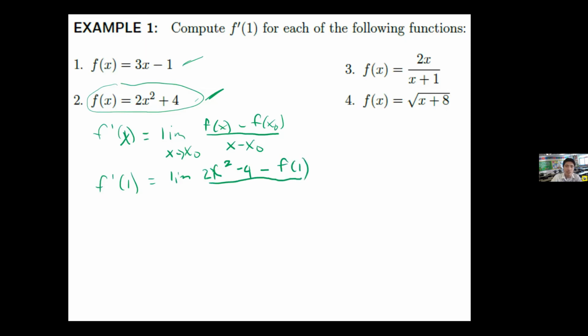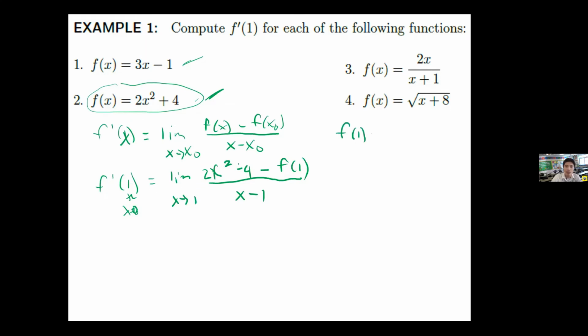The x sub 0 here is 1, so the denominator is x minus 1, as x approaches 1. But we don't have the value of f of 1 yet, so we need to solve for f of 1 first.